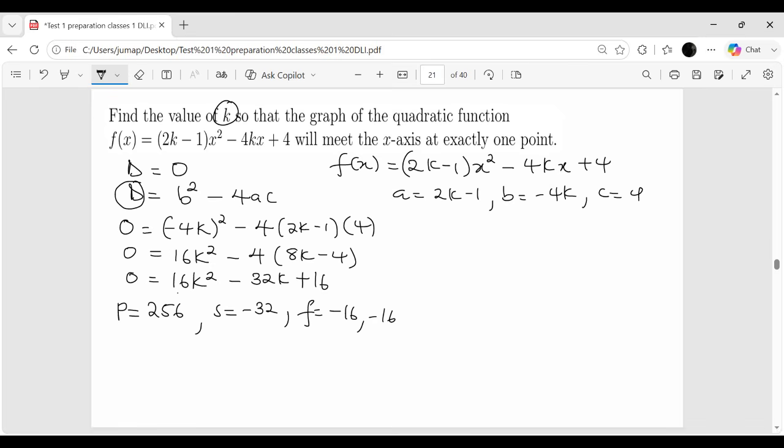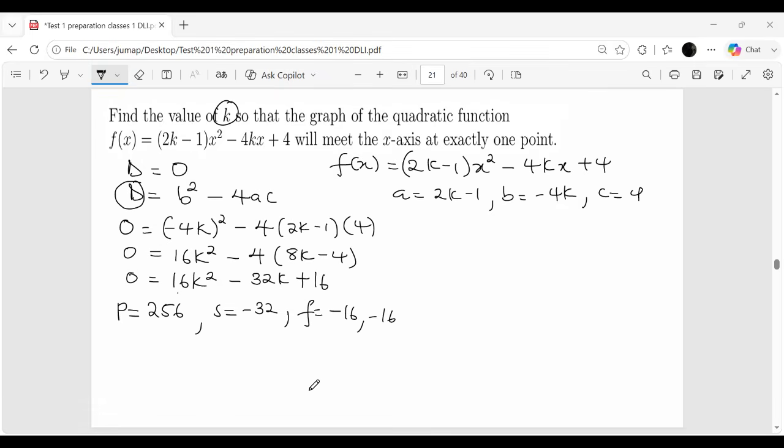Okay, are we together? So meaning that I have my product, I have my sum, I have my factors. Okay, so you can use whichever method you are comfortable with. You can use completing the square. You can use even that method because they've not specified here.